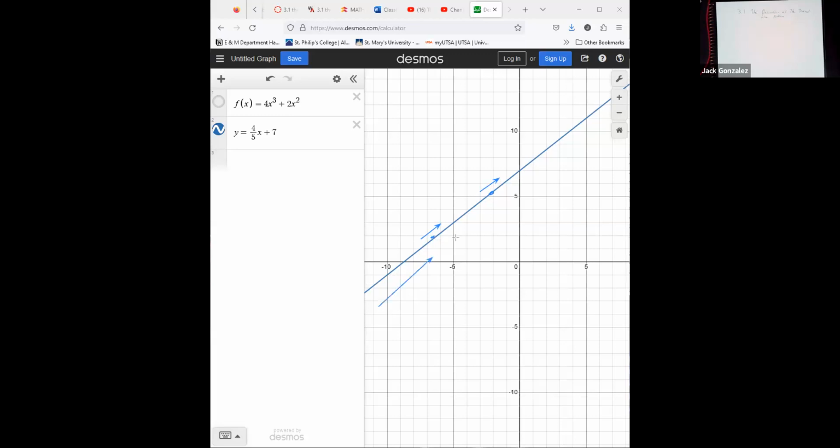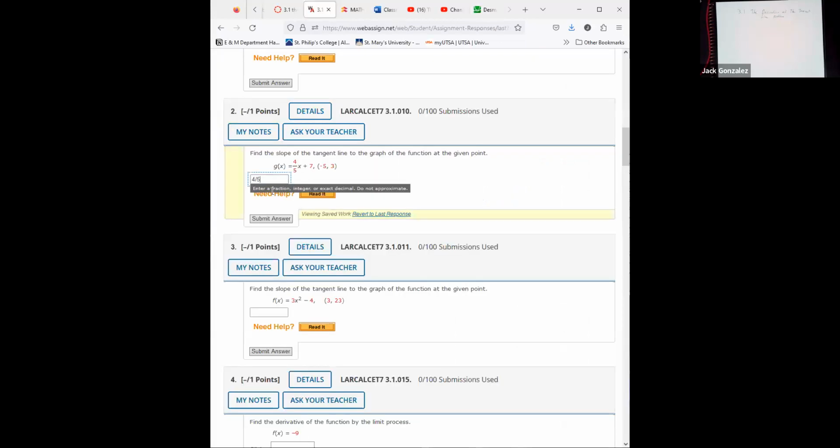So the slope doesn't change for the entire function because it is a line, compared to the cubic function. It changes everywhere. So conceptually, you would just take the 4/5. There's nothing to do. It doesn't matter what point you choose. They gave you a specific point, but it doesn't matter because all points on a line will have the same slope tangent to that point. Does that make sense?